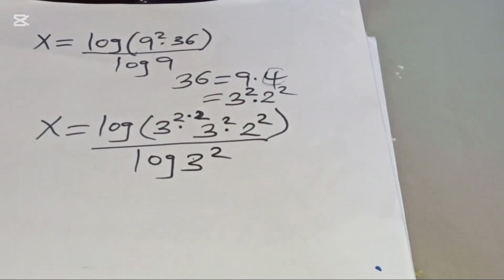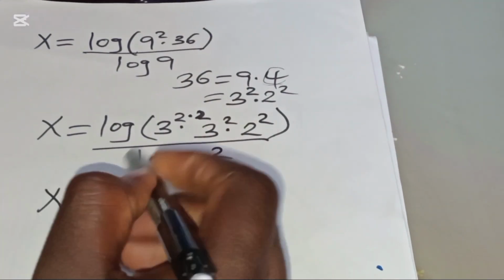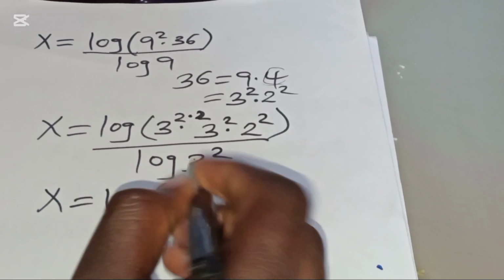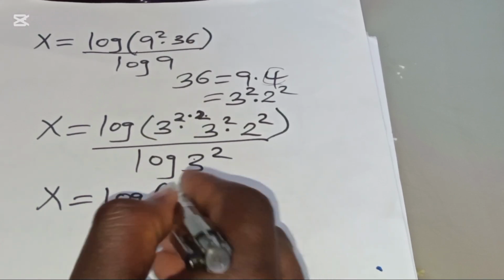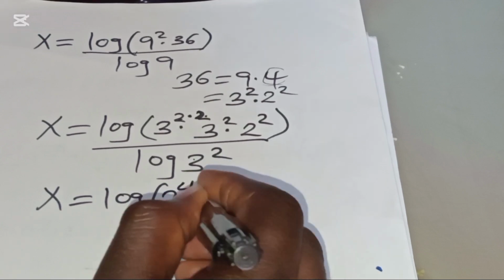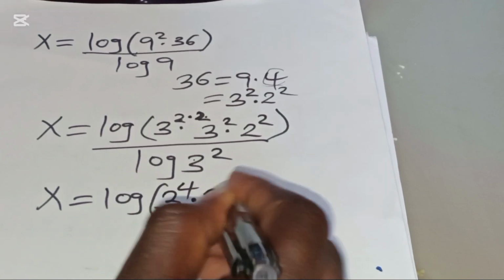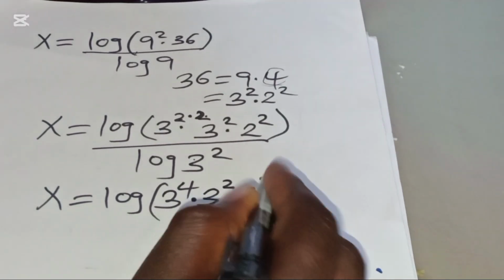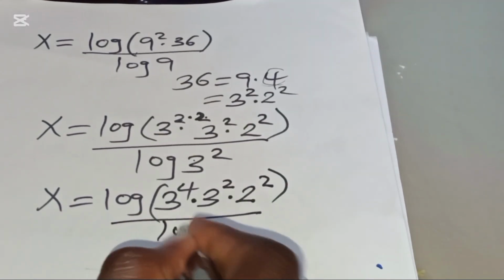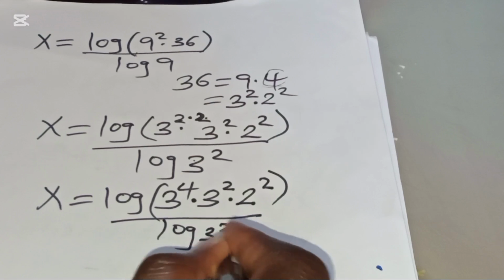Okay, so from here we'll have log, now this is 3 to power, this is 2 times 2. So we'll have 3 raised to power 4 multiplied by 3 to power 2 multiplied by 2 to power 2, all of this divided by log 3 to power 2.